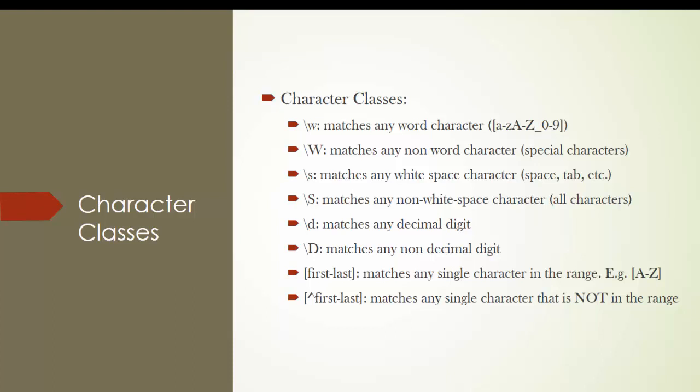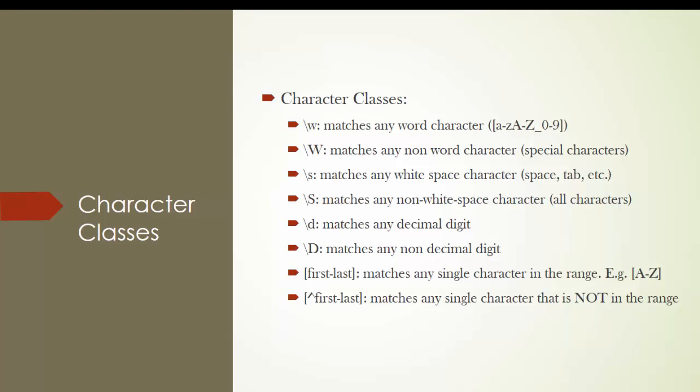So the \d will match the decimal digits, so these are the digits between 0 and 9. \D will match any non-decimal digits, so this will be the other characters. You can always specify a certain range of characters. So for example, if you would like to check for capital letters, then you can enclose A and Z between square brackets.